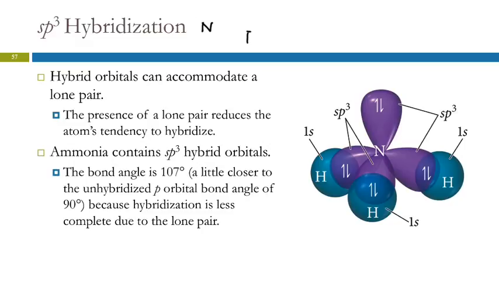If we look at nitrogen by itself, how many valence electrons does it have? 5. So if this is S and this is P, we're going to put 2 electrons in here, and then 3, 4, 5. Right? Those would be the atomic orbitals just on a nitrogen atom.